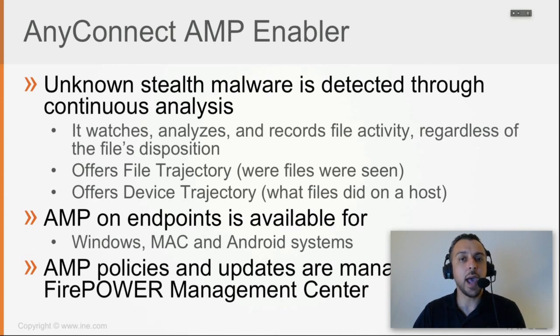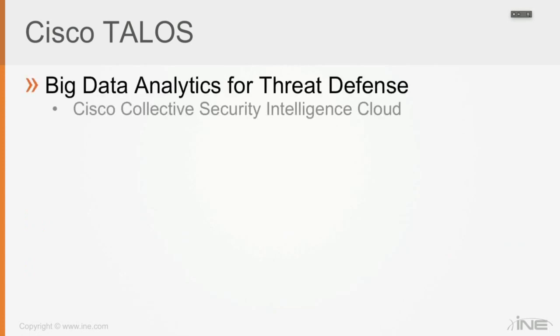But how is AMP actually able to detect a lot of new malware? It's through a centralized intelligence, which is Cisco Talos. Cisco Talos is a huge big data analytics for threat defense scope. It's also known under the term Cisco Collective Security Intelligence Cloud.